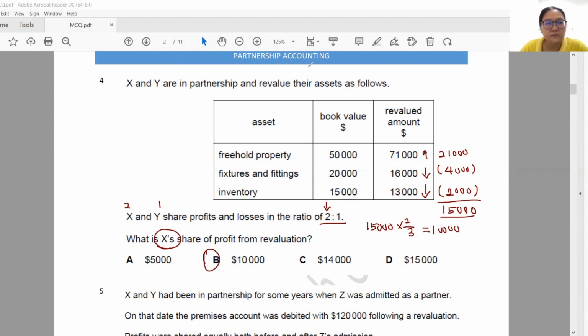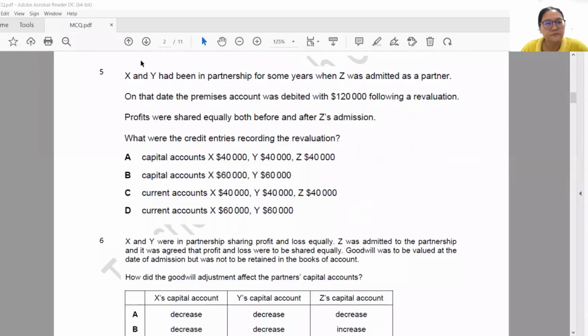Okay, next move on. X and Y had been in partnership for some years, and Z was admitted as a partner. On that day, the premises account was debited 120,000 following a revaluation. Profit was shared equally both before and after Z's admission. So what will be the credit entry recorded in the revaluation?